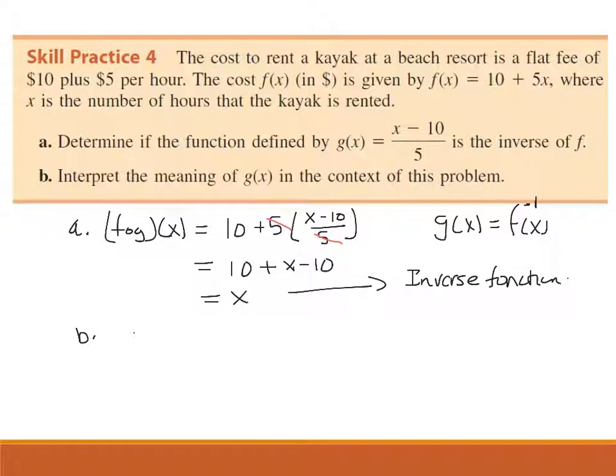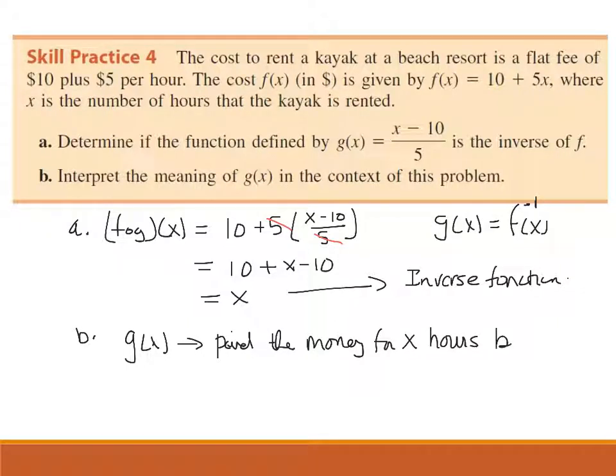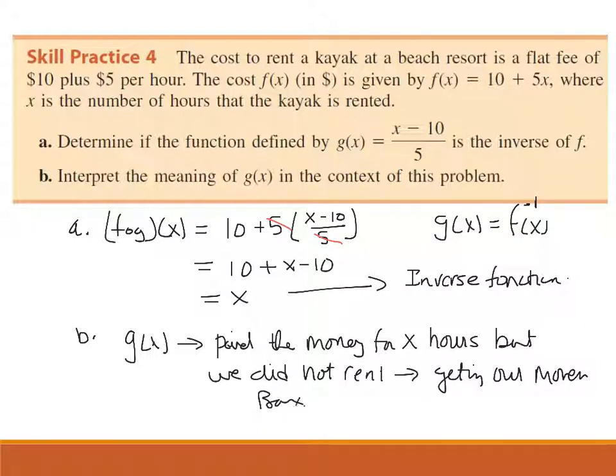So g of x, in the context of the problem, is we paid the money for x hours, but we didn't rent. So this is getting our money back.